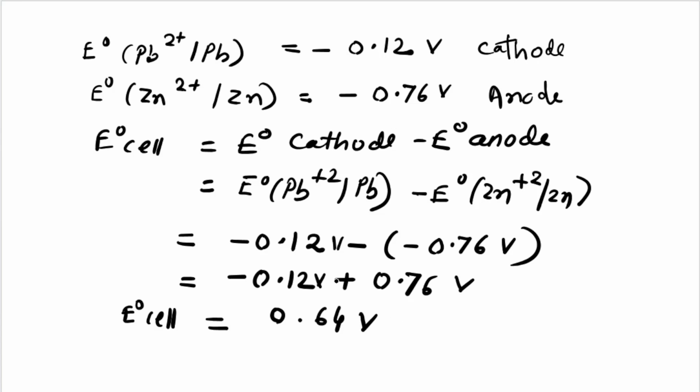So I hope it is clear. Always remember, electrode potential of cathode minus electrode potential of anode, and these values should be given in the question. You simply put them according to the value, the cathode is higher than the anode.